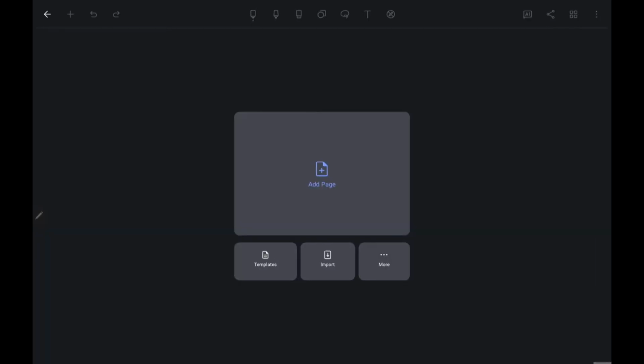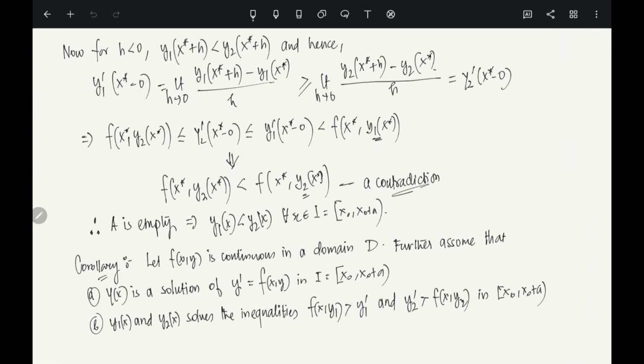The third condition: why do we need another condition? Because in the earlier cases, we know what is happening to the solution initially. If it starts below, it stays below. So we need that sort of initial condition, to know what y1 and y2 do initially. So y1 at the point x naught is dominated by y at the point x naught, which is dominated by y2 at the point x naught.